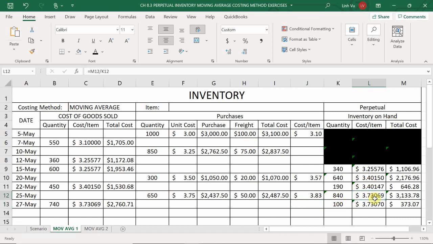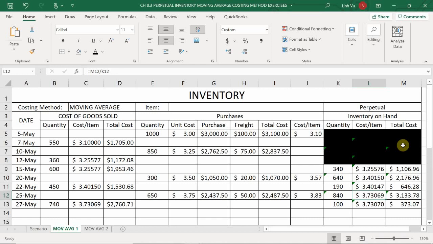I'm taking the average cost between this number and this number, and the middle number between that is roughly 3.73. But this one is calculated more accurately. That's why there's a huge gap, because we made a purchase.